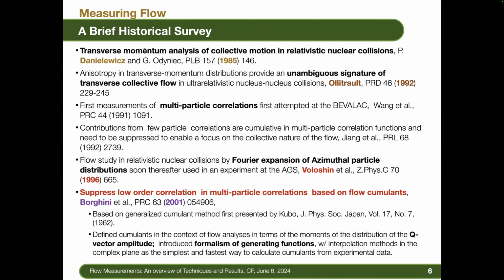The first, or amongst the first, measurements of flow were done at the Bevalac in California, with techniques developed by Danielewicz and Odyniec.